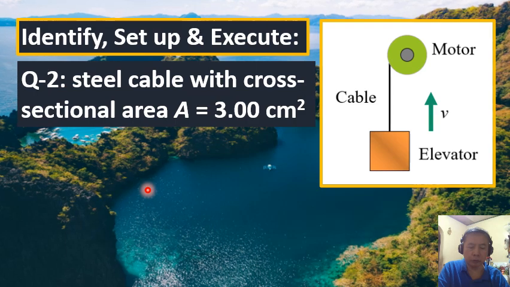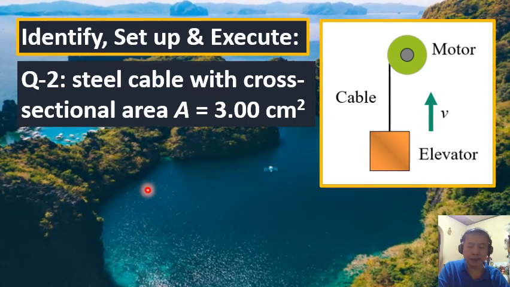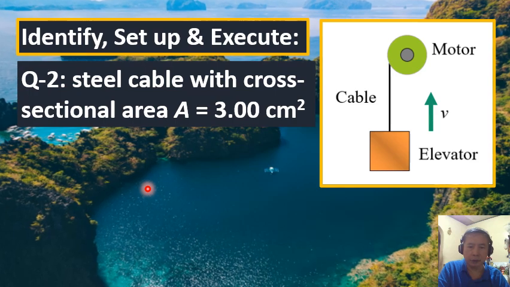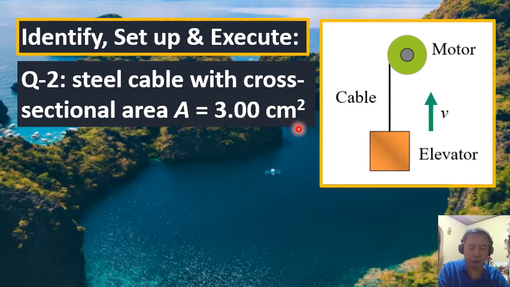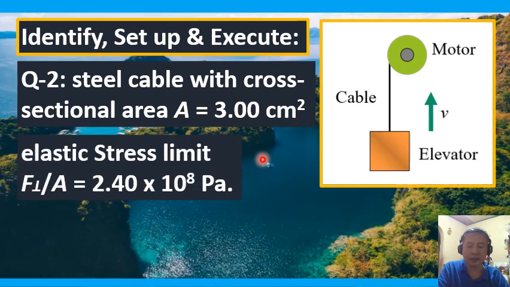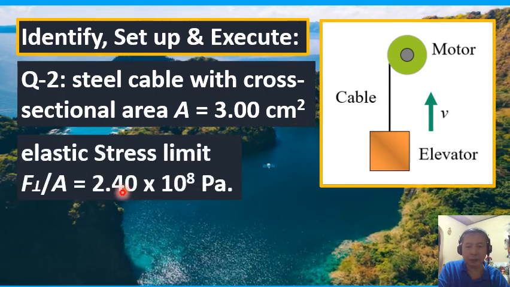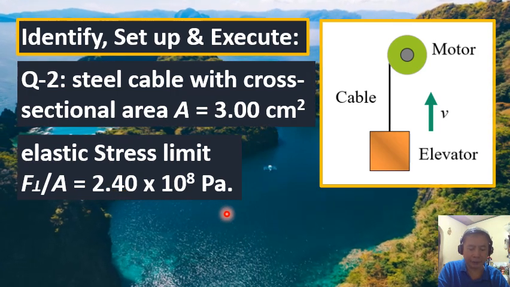In question number 2, we are given the cross-sectional area of the steel cable of the elevator equal to 3.00 centimeter squared. Also, the steel cable has an elastic stress limit F over A equal to 2.40 raised to the 8th power Pascal.